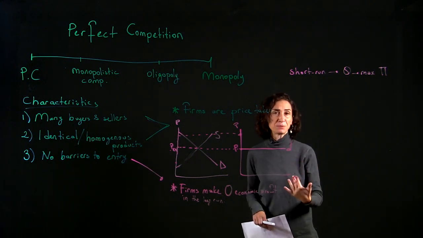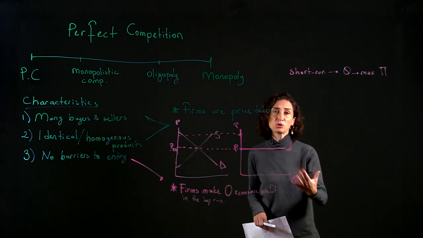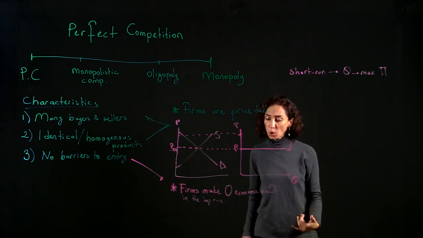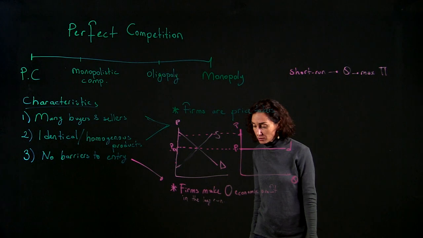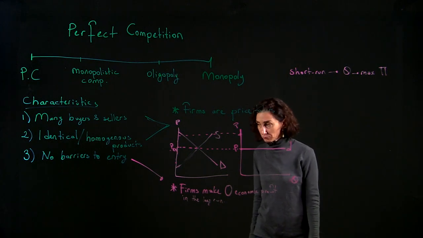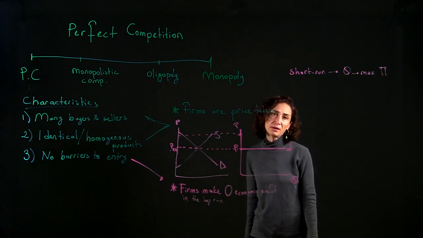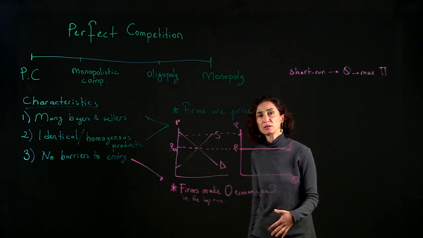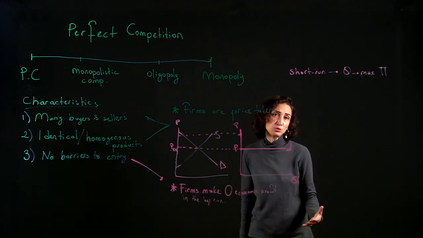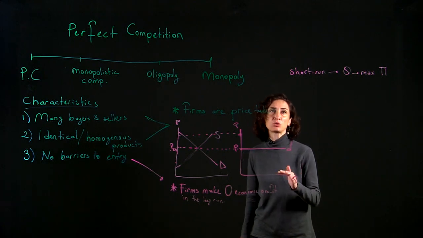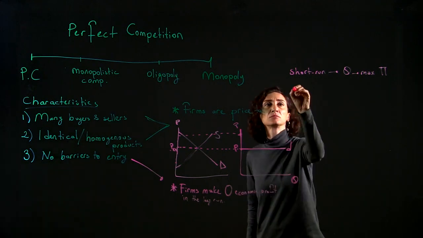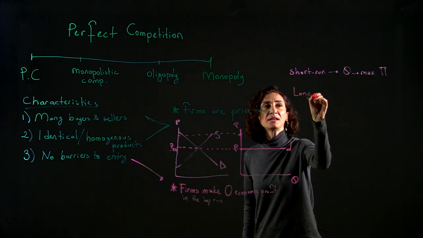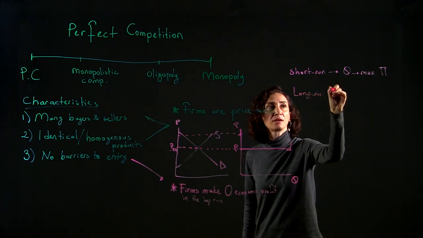A firm might be making a loss in the short run. So this firm might decide not to produce anything in the short run, or to produce something, but in the long run, it has another decision to make.